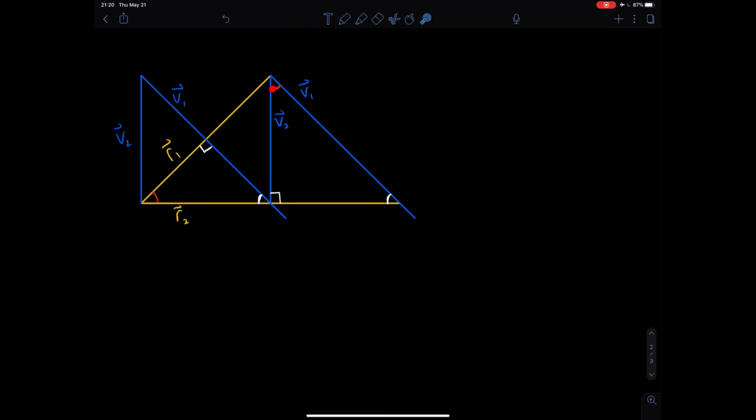We know that the angle between our velocity vectors and our position vectors for any two points along our circular motion has to be identical, and that's an important fact that we can make use of.